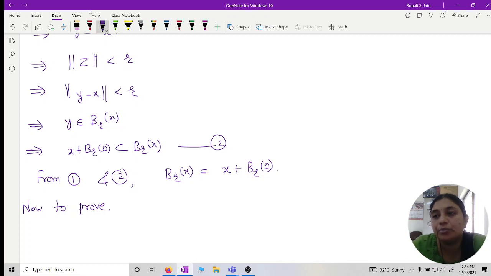What is remaining to prove? B_R(0) is nothing but R times B_1(0). So the same thing you can apply.